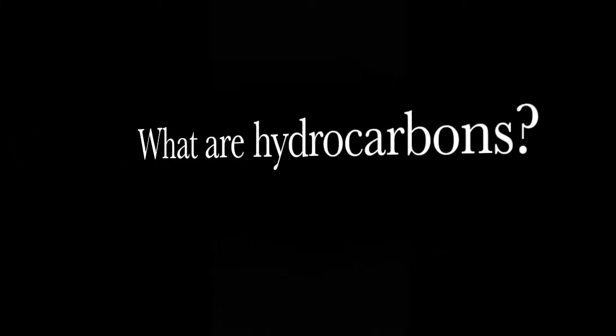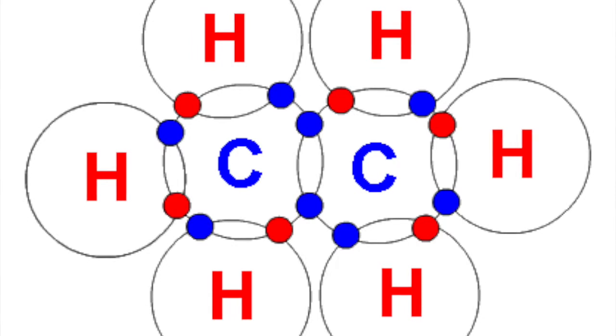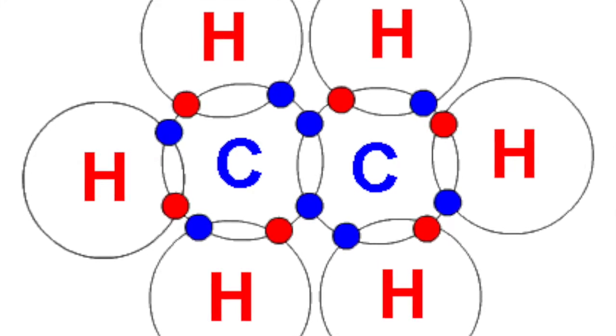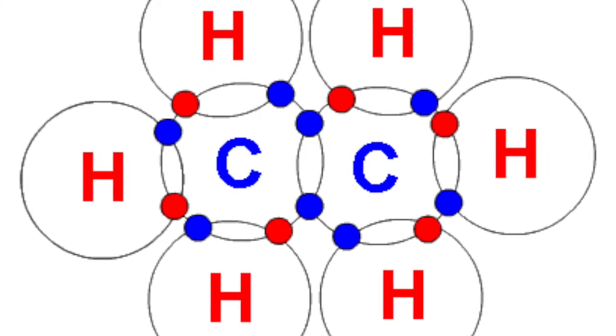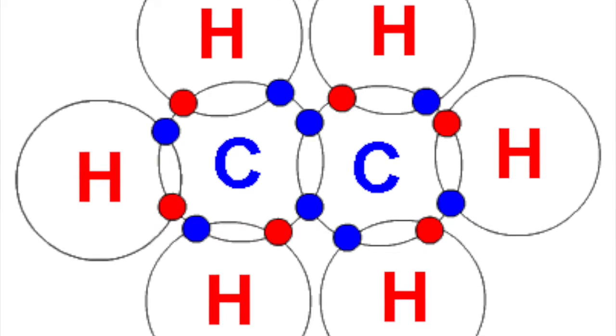What are hydrocarbons? Hydrocarbons are organic chemical compounds that consist entirely of carbon and hydrogen and range from simple molecules such as methane to polymers such as polystyrene, which consist of thousands of atoms.